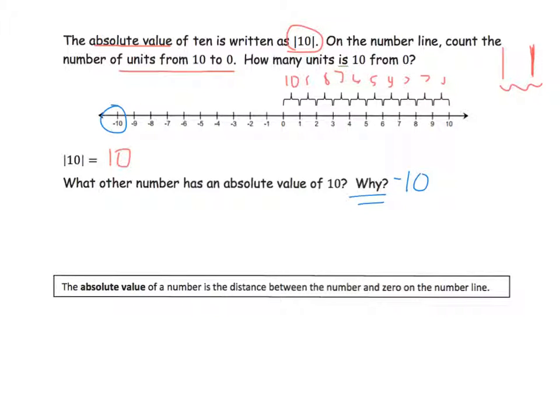Because when we count the number of units, it's 1, 2, 3, 4, 5, 6, 7, 8, 9, 10 units away. So we can say the absolute value of -10 is 10, because the absolute value is just the distance between the number and 0. So the distance between -10 and 0 is 10.